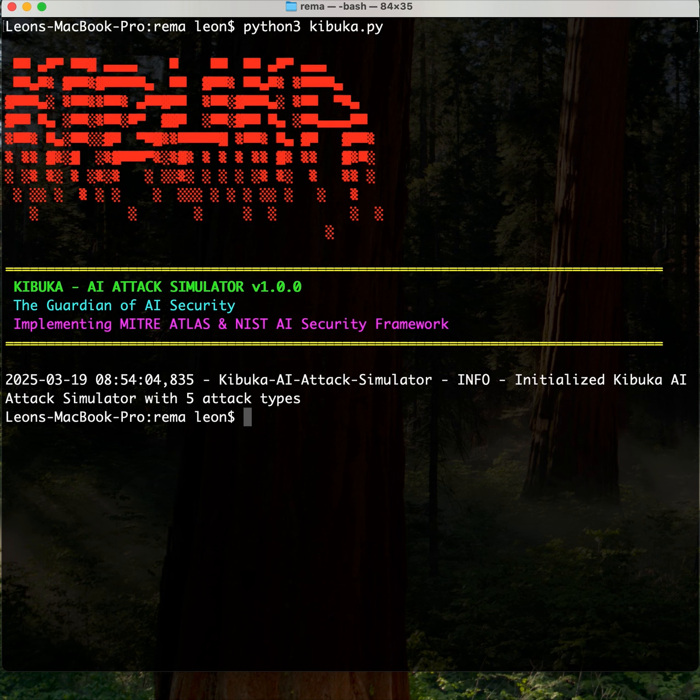That is also urgent in a way, because we need to embrace new technologies and use them because they help us in the day to day. But at the same time, we need to keep secure. So that is what Kibuka does. Kibuka is supposed to help teams that are building different AI models and tools to quickly test them.